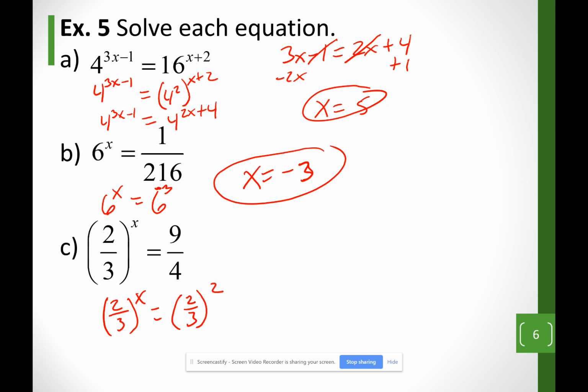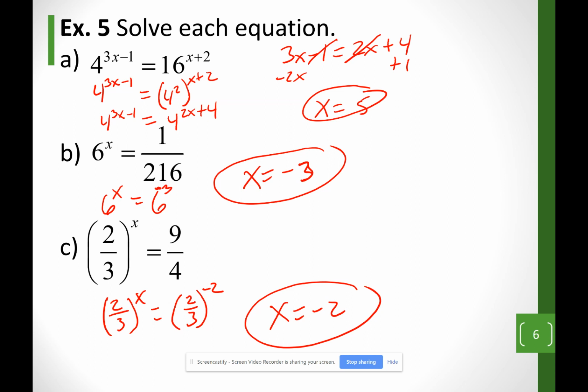But I want the reciprocal of it, because instead of 4 over 9, I'm getting 9 over 4. So I'm going to use that. Now that I have the same base, let the exponents equal each other. x equals negative 2. Get the same base, and then let the exponents equal each other.